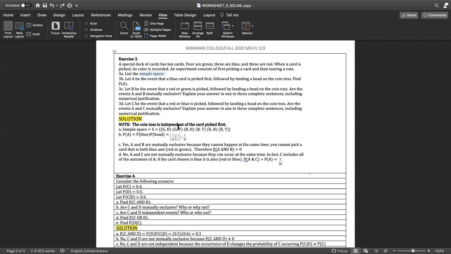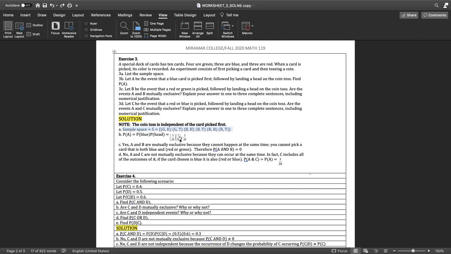Okay, so that's a subset of all of the possibilities of picking a card first and tossing a coin secondly, okay? So let's go ahead and symbolize or write out what this set is, the set of all of the outcomes of first picking a card from this deck of 10 cards and then tossing the coin where the probability of a heads is equal to a half, okay?